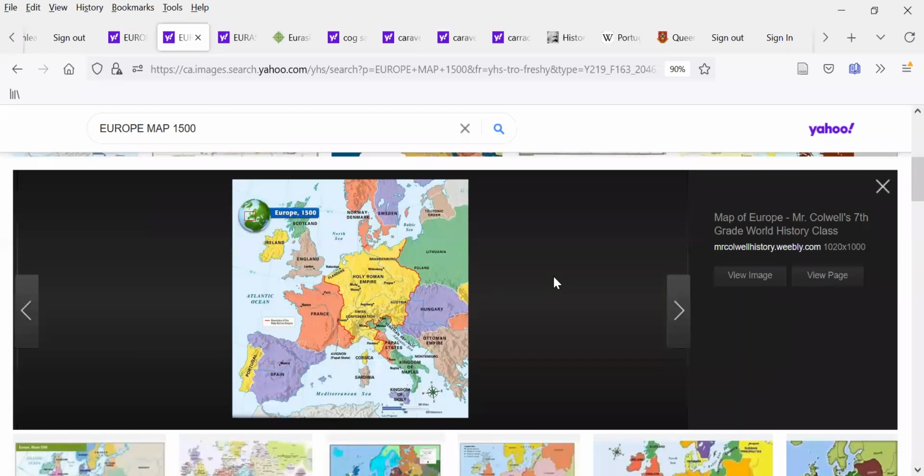When we look at Western Europe in 1500, first of all, we should say that we use the term Europe, but where did that term come from?